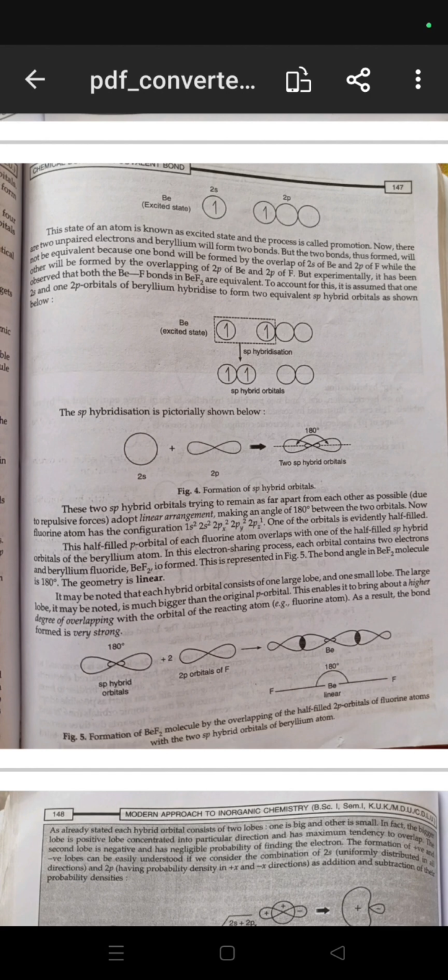Now there are two unpaired electrons and beryllium will form two bonds. But the two bonds thus formed will not be equivalent, because one bond will be formed by the overlap of 2s of beryllium and 2p of fluorine, while the other will be formed by overlapping of 2p of beryllium and 2p of fluorine.